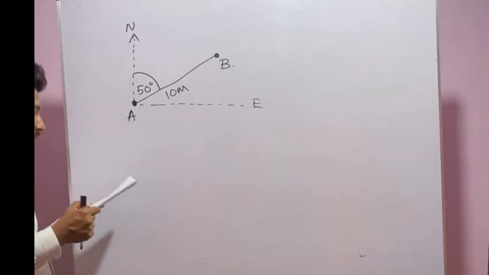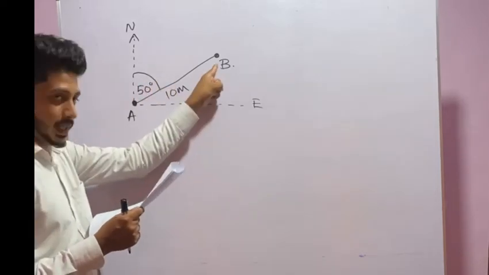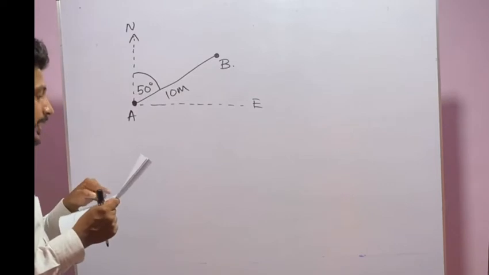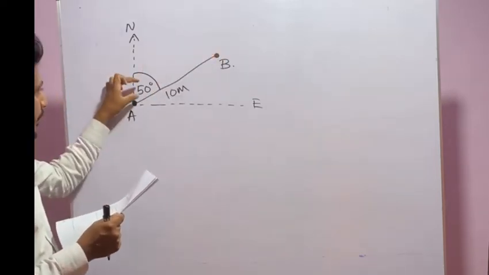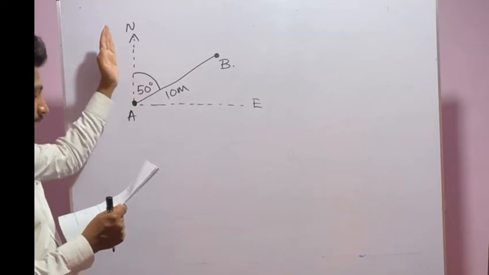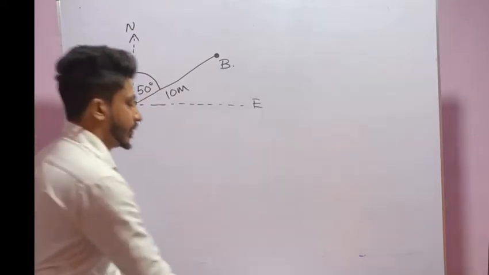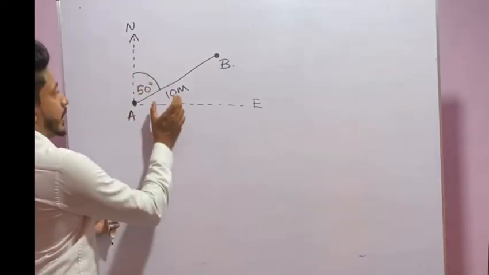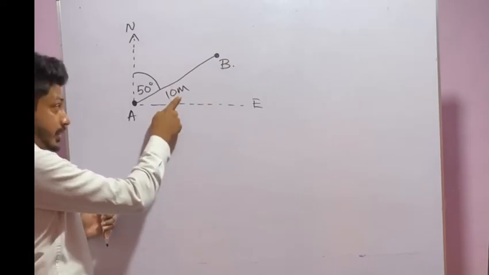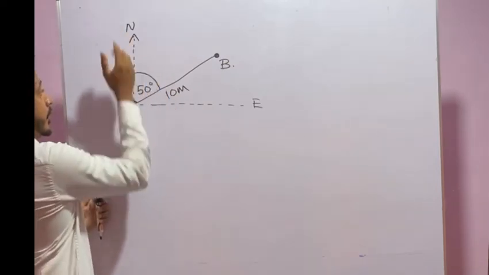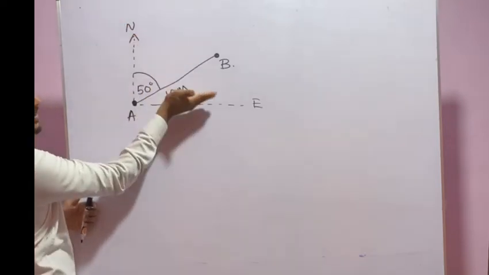We can say the displacement from A to B is 10 meters, 50 degrees from north to east. Displacement from A to B is 10 meters, 50 degrees from north to east.